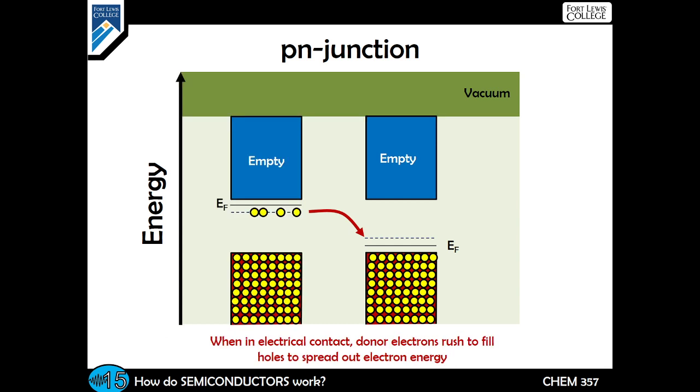Remember we just talked about entropy driving why things happen. Your electrons are filling up to a higher energy on this side than this side, so that energy wants to spread out and make the electron levels equal on both sides, just like if you had a bucket of water with a hole in it and some other empty bucket. That analogy we're always using to describe the movement of things.